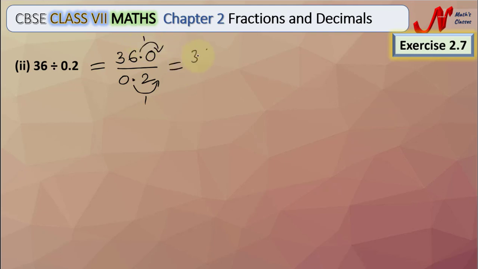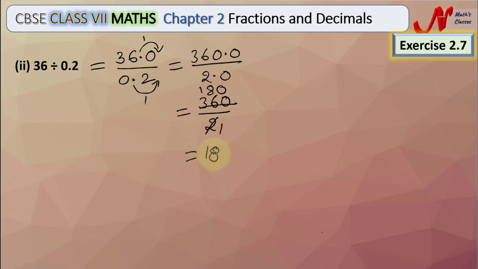So it can be written as 360.0 divided by 2.0. So it can be written as 360 by 2. By cancelling, 2 ones are 2, 2 ones are 2, 2 8s are 16, 0. So we get 180. Therefore 36 divided by 0.2 is equal to 180.